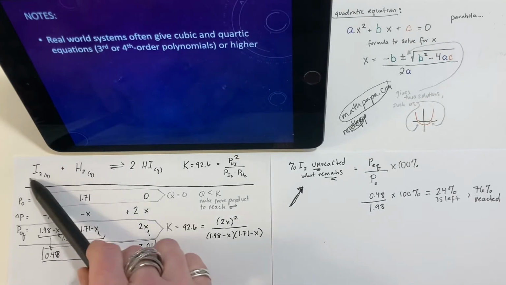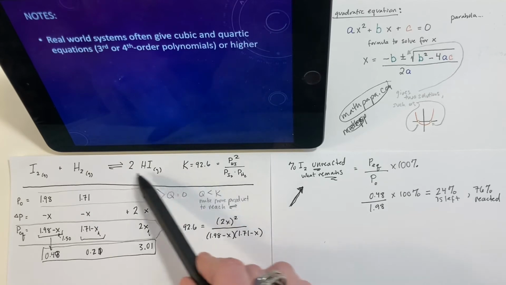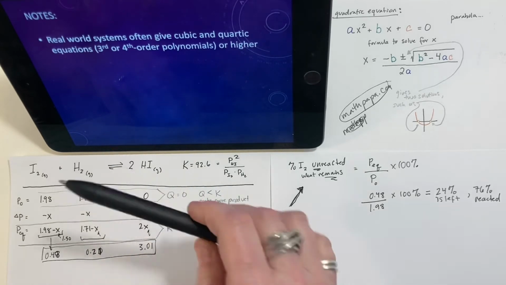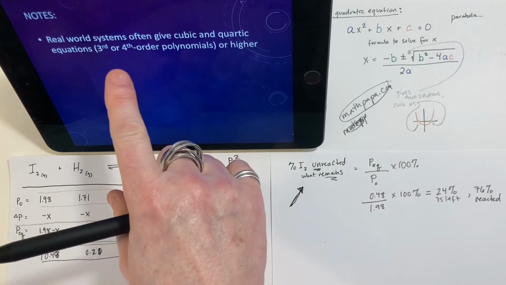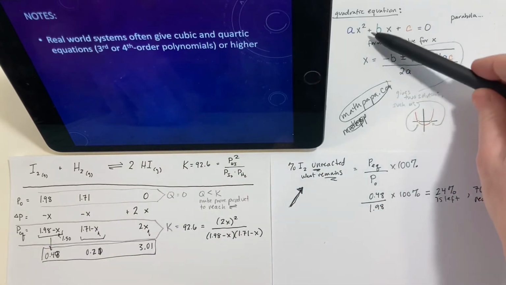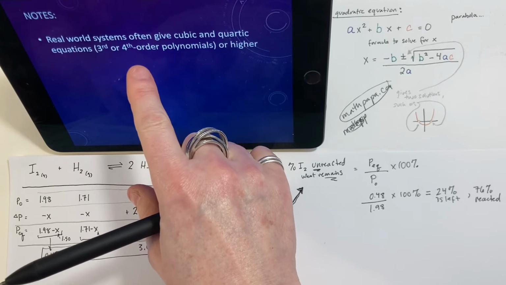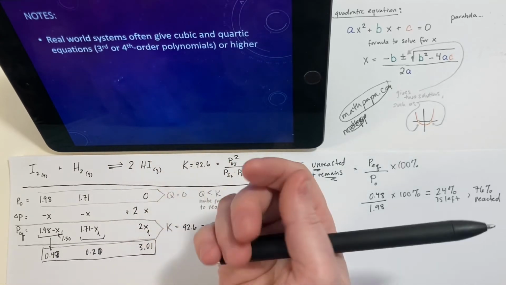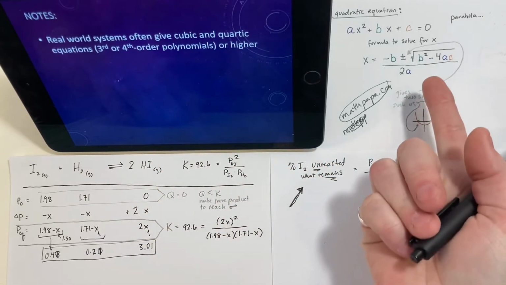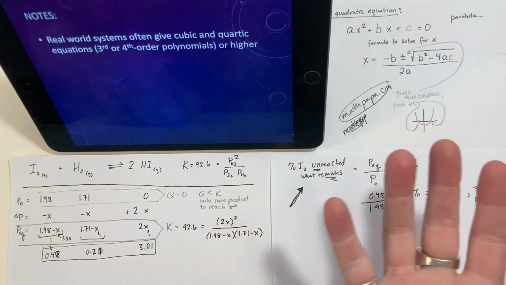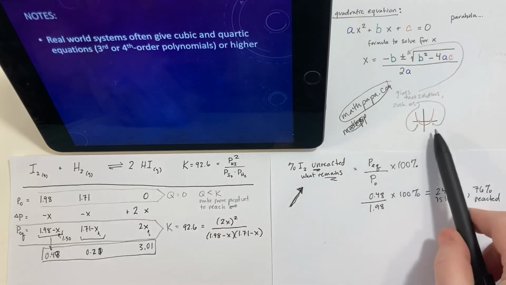But sometimes if we get more complication, more reactants and products and different mole ratios, we could have polynomials larger than x squared, like x cubed or x to the 4th. In that case, we don't use a quadratic formula. We usually just plot that to find where the roots are.